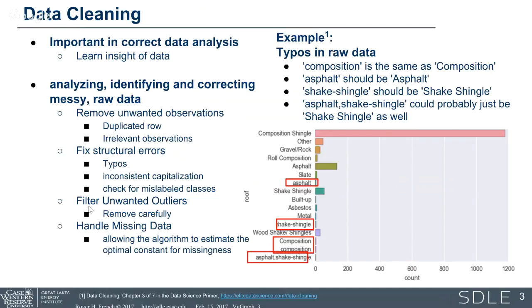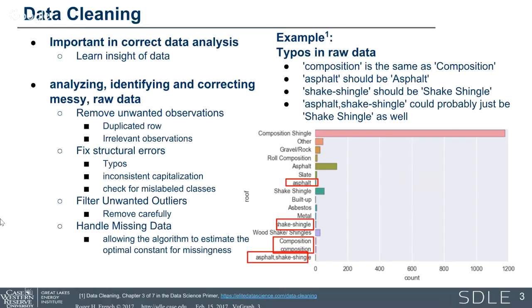Another problem of the raw data is the outliers. But you need to remove those outliers very carefully, because those outliers may have some information. And you cannot just remove those numbers because you think they have extreme values, because those extreme values may be very informative to your model development and also for your data analysis.